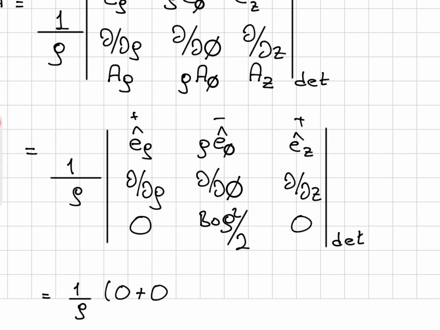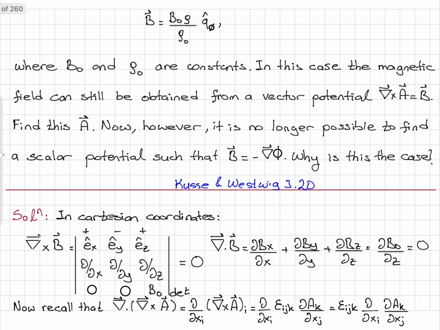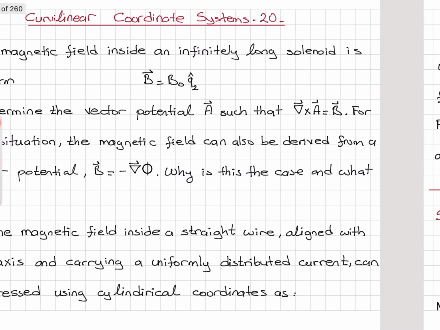That would give me 2 rho over 2. So that's just B0 rho. So this would give me 2 B0 rho over 2 in the ez hat direction. And when I look at it, you can see that I will have the 2's cancelling and the rho's cancelling. I will get magnetic field is equal to B0 ez hat. And that's exactly what we have for the magnetic field, B0 ez hat.